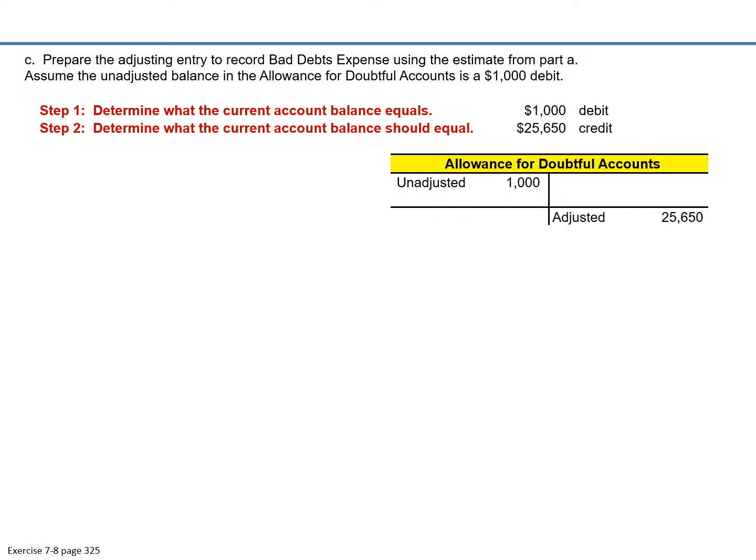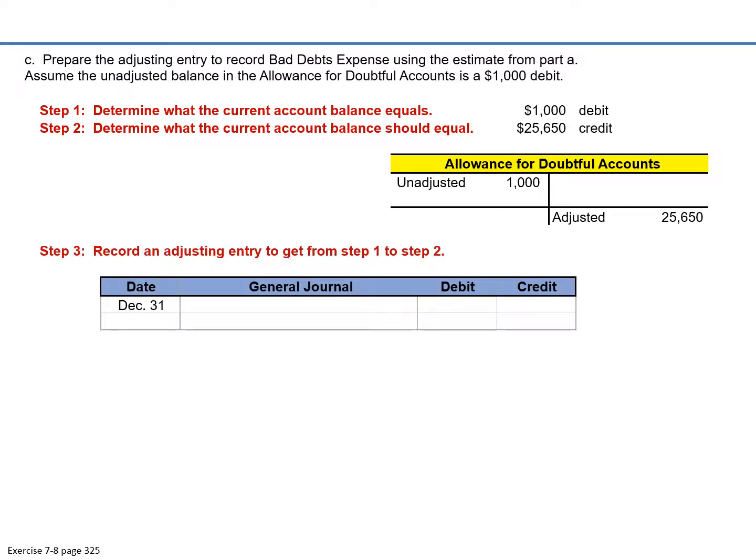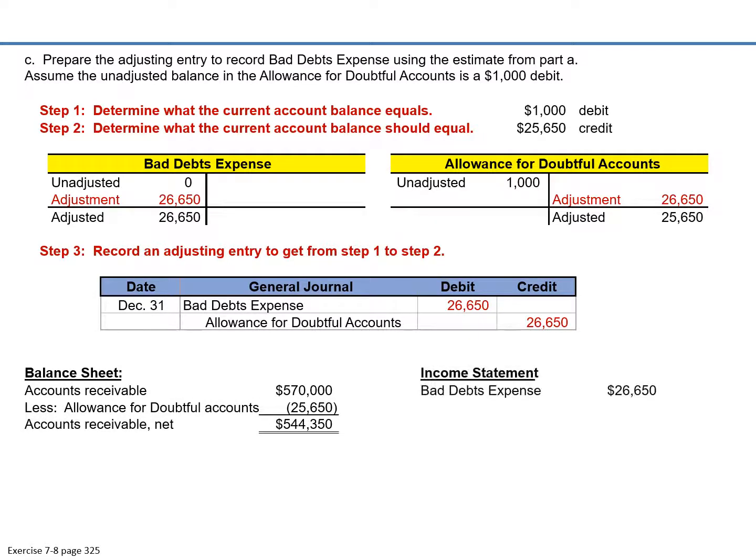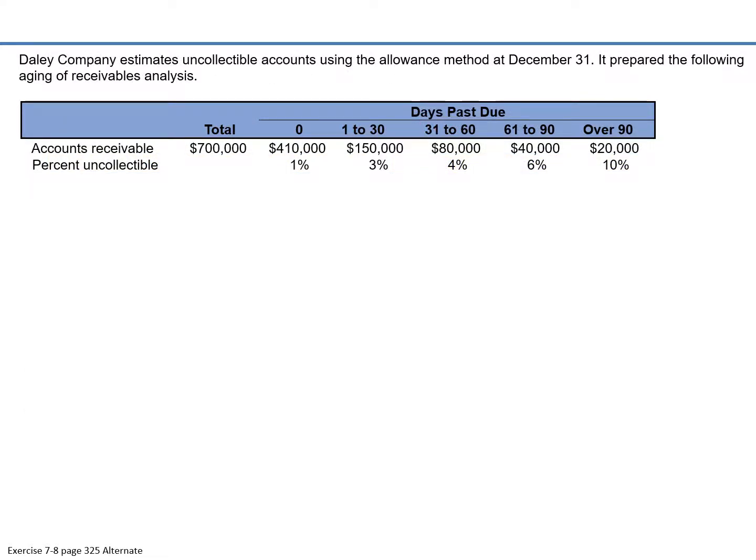What adjustment do you need? $26,650, right? So that's a debit to bad debt expense and a credit to allowance for doubtful accounts of $26,650. There's your balance sheet presentation and your income statement presentation. Okay. All right, your turn.